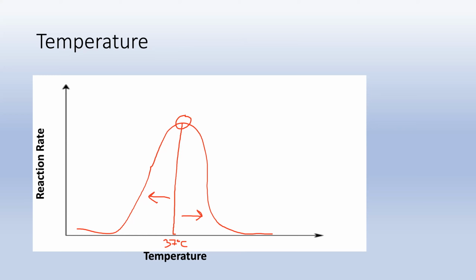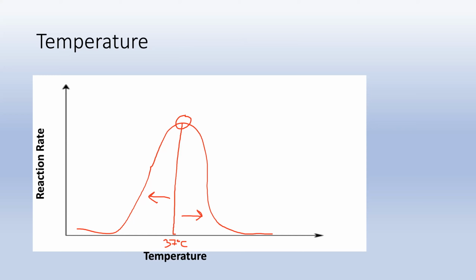So basically, with an increase in temperature beyond your optimum temperature, there will be an increase in energy which disrupts the bonds or your intermolecular forces within your enzyme-substrate complex. And what that's going to do is result in denaturing your protein, simply meaning your enzyme is going to lose its 3D shape. And if it loses its shape, it's going to lose its function.